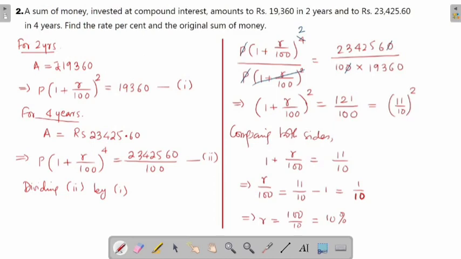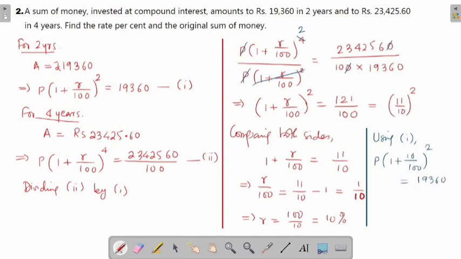I'll just show you a small part of it. Let me create a small space here. Using equation 1, we have P into (1 plus 10 by 100) whole square is equal to 19360.